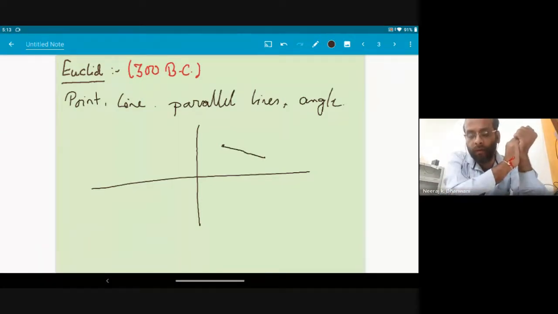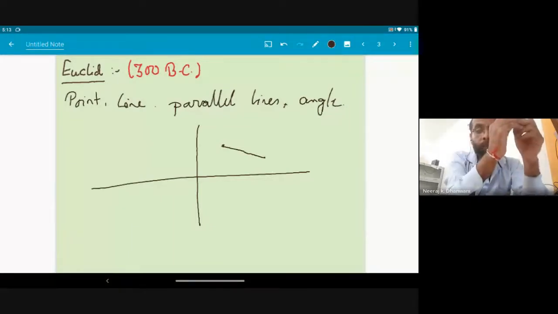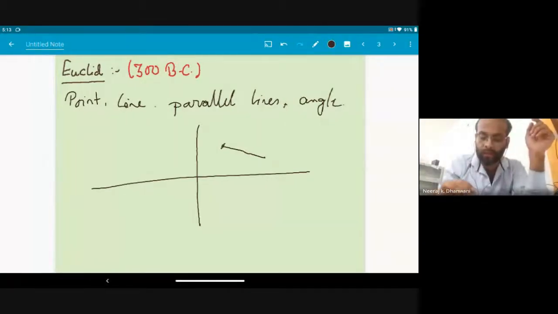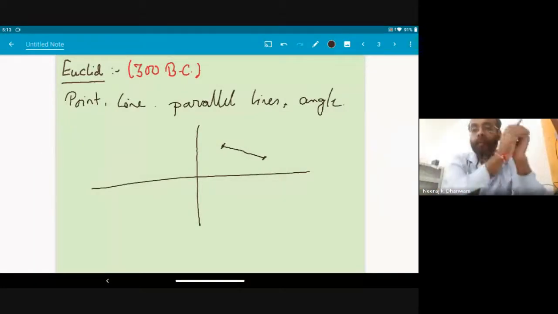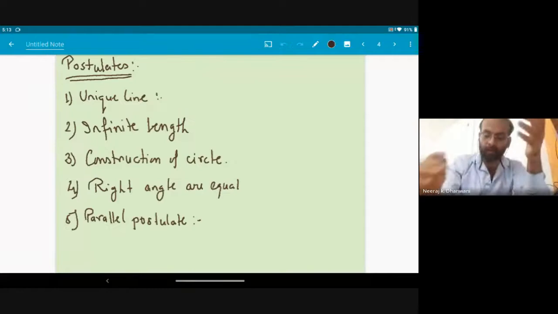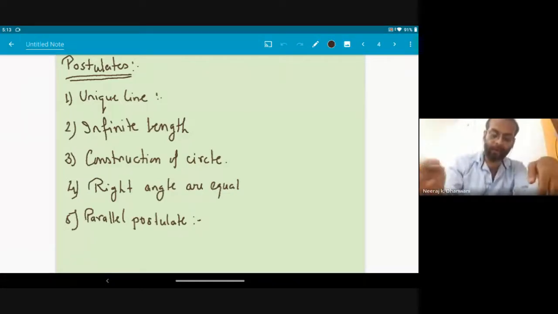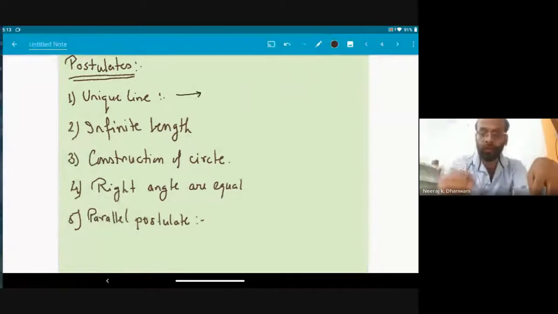The meaning of the line was a path which has the minimum distance between these 2 points. That he called a line, or something we today know as a geodesic, or maybe there are some different definitions for them. So this is the first thing: there is a unique line if you have any 2 points.